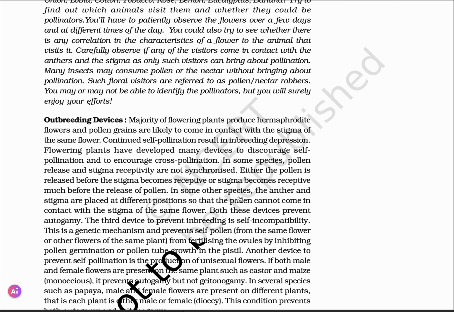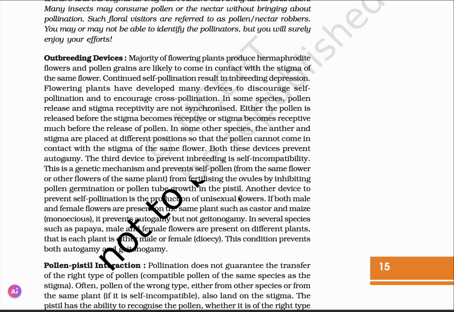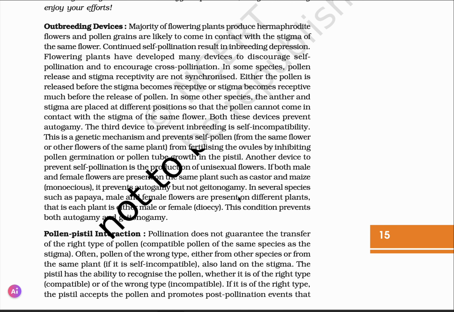In some other species, the anther and stigma are placed at different positions so that the pollen does not come in contact with the stigma of the same flower. Both these devices prevent autogamy, not geitonogamy.